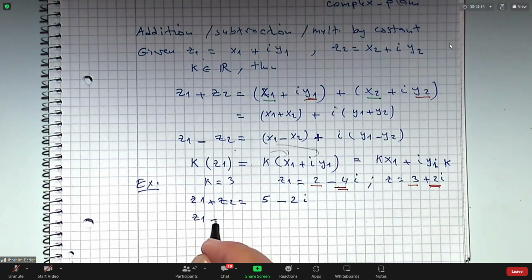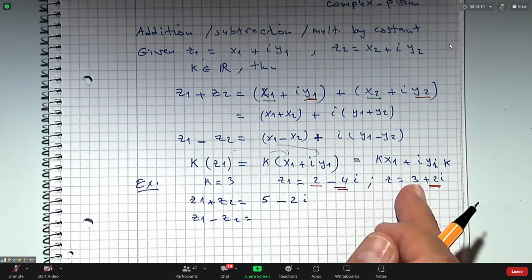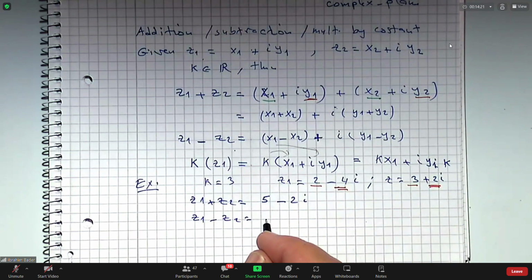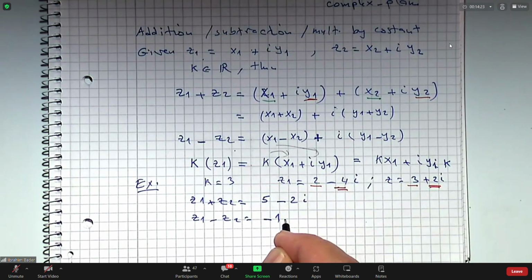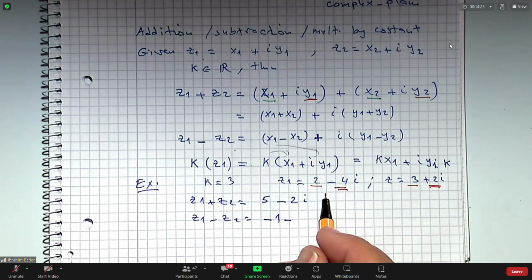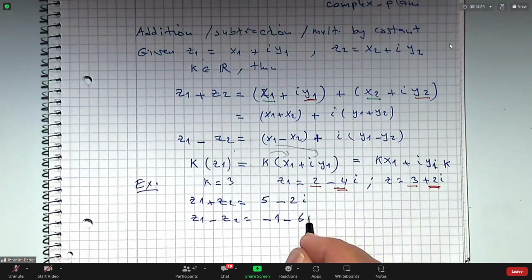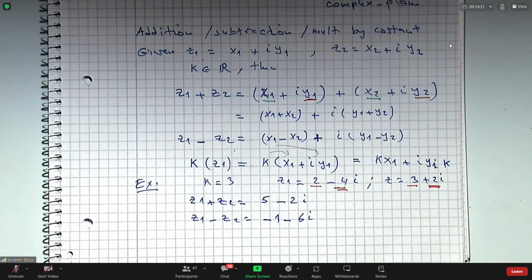Now, Z1 minus Z2 is equal to 2 minus 3 minus 1. Then let's see here, we get minus 4 minus 2 minus 6i. Okay?